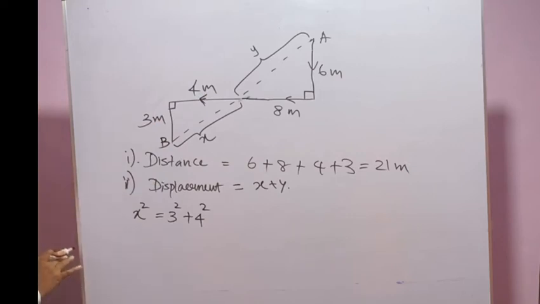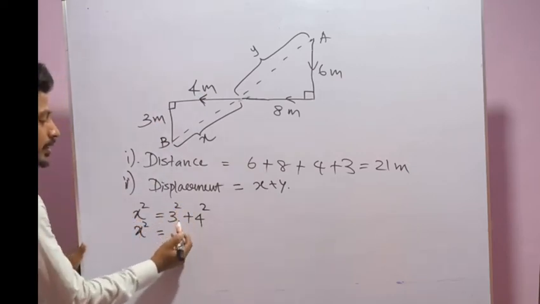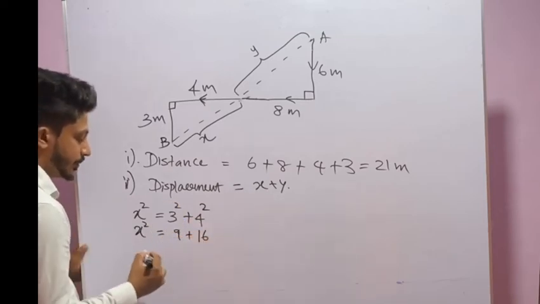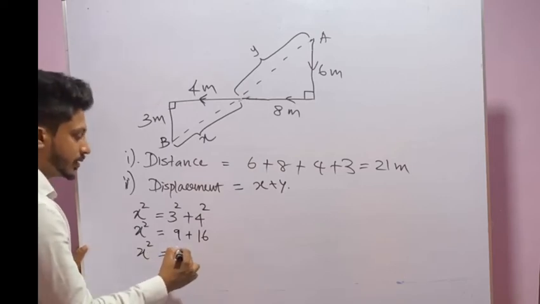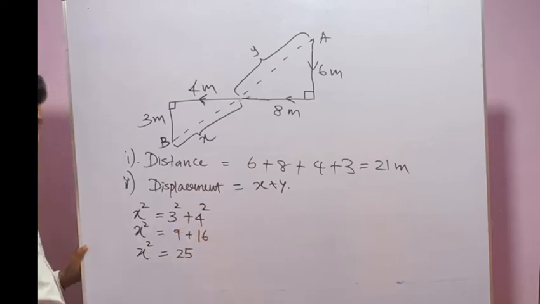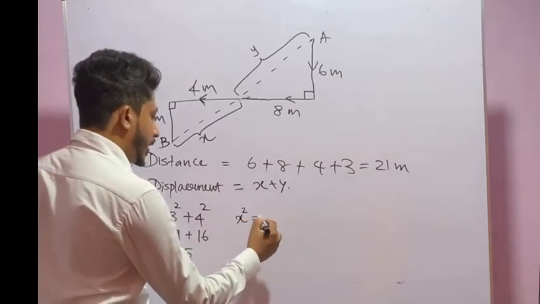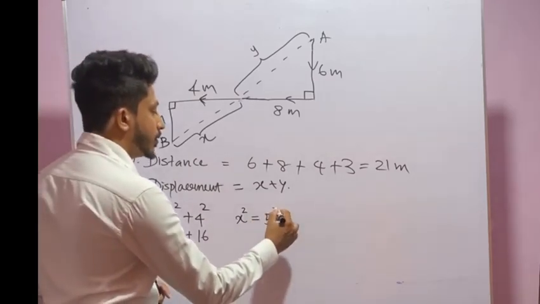Okay, x square equal 3 square means 9, 4 square means 16, then x square means 25. Then x square equal to 25 means 5 square.